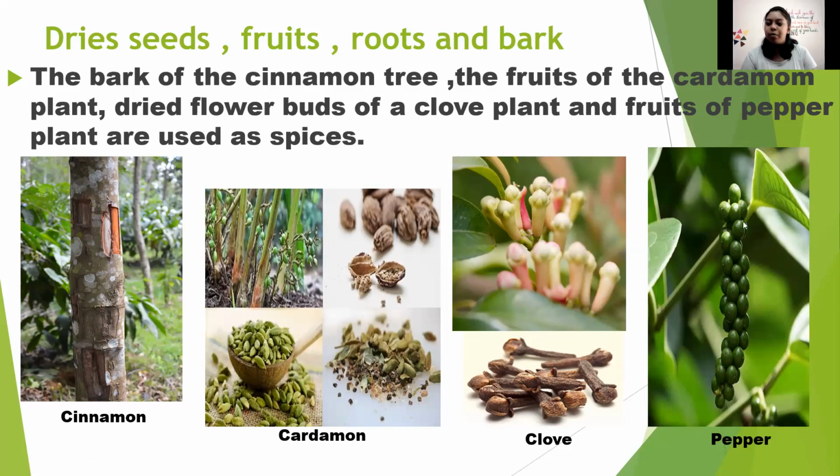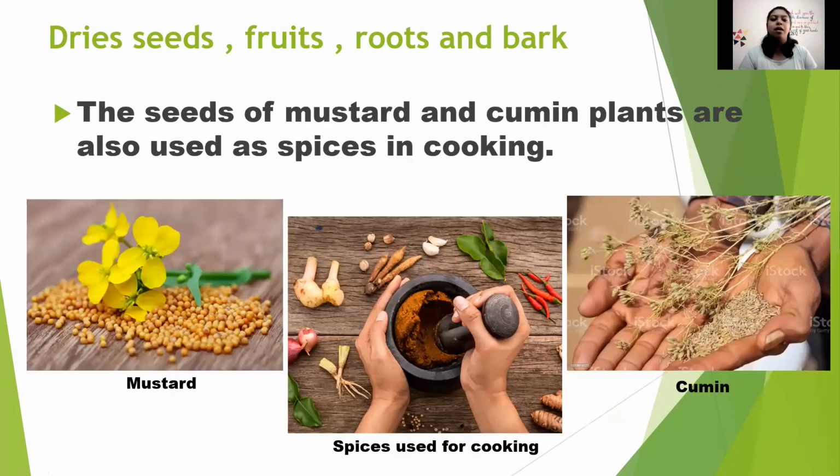This is a pepper plant. The fruits of the pepper plant, all of these are used as spices while cooking. So cinnamon, cardamom, clove, and pepper, all of these are spices that we use while our mothers or anybody does cooking.